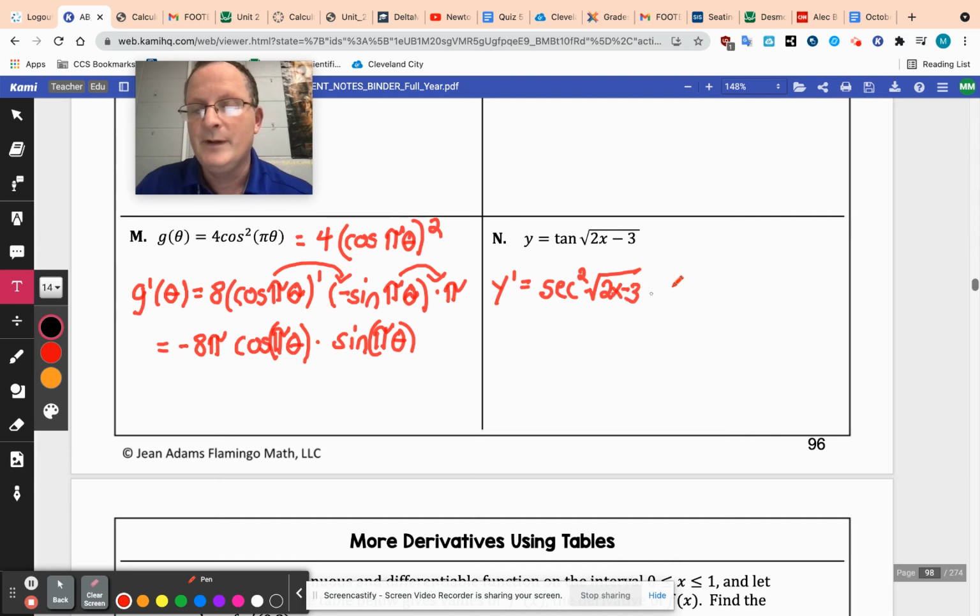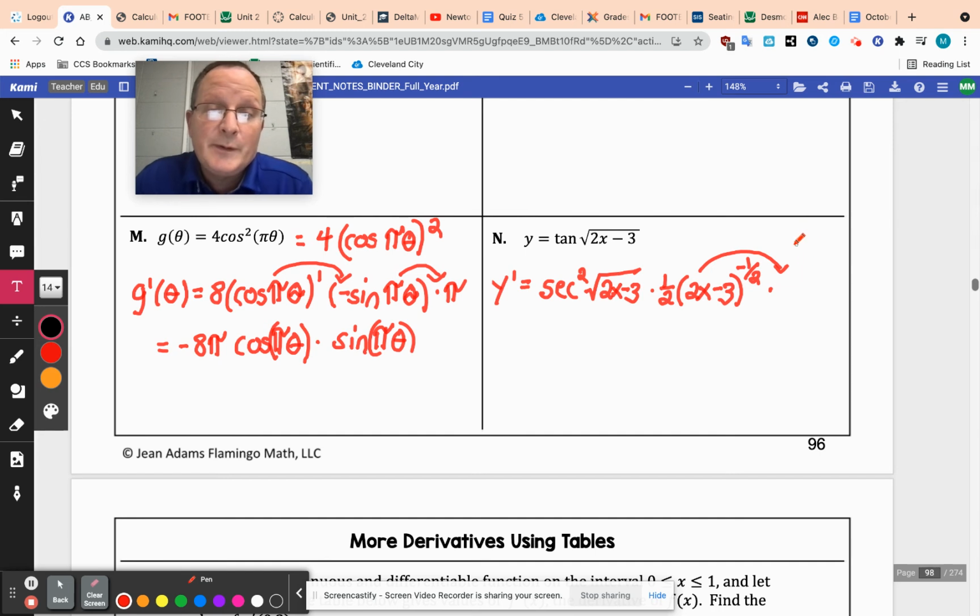The derivative of the square root of something is next. And so that's going to be 1 half, copy the 2x minus 3 to the negative 1 half. And then my final chain rule is times the derivative of the inside.